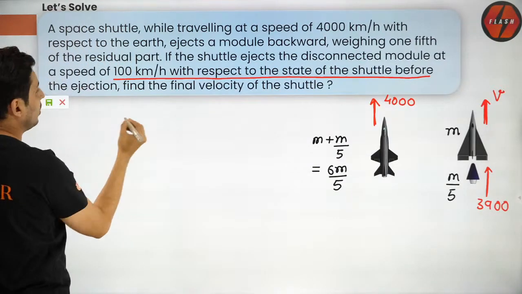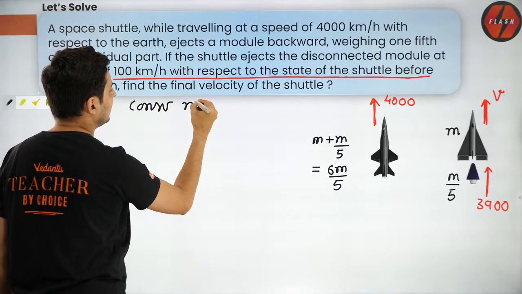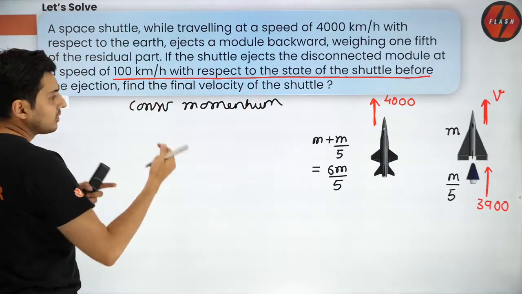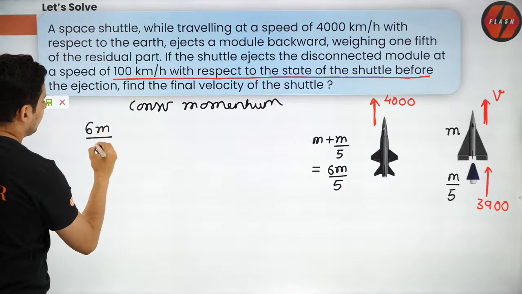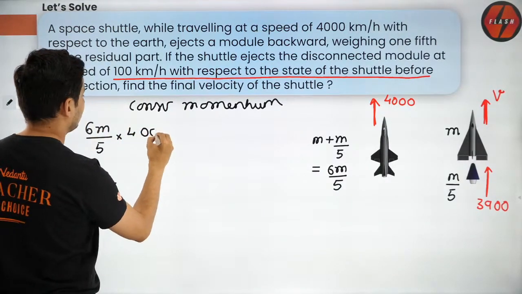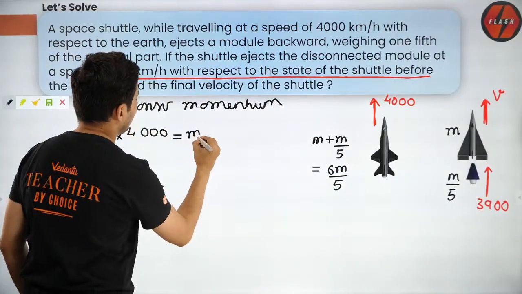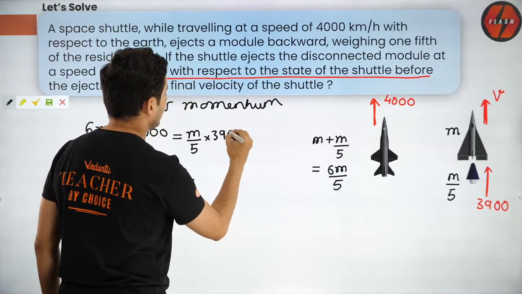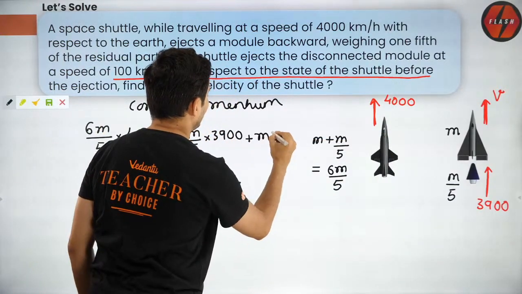Now, conserving momentum, right? So conserve momentum just before and just after. So what is the momentum before? Think about it. It will be 6m by 5 multiplied by 4000 is equal to this one, m by 5, into 3900 plus m into v.